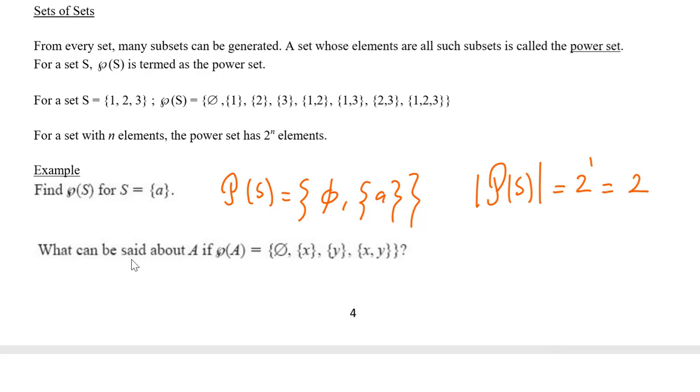What can be said about A if the power set of A is {empty set, {X}, {Y}, and {X, Y}}? What's A? Well, A must be {X, Y}. Because if I do the power set, or all the possible subsets of A, I will get this empty set, {X}, {Y} and {X, Y}.